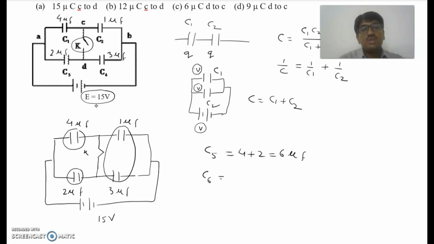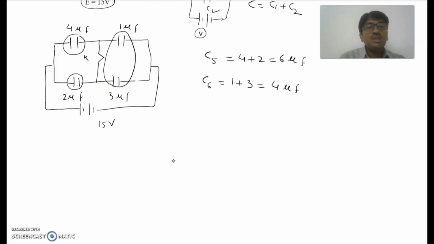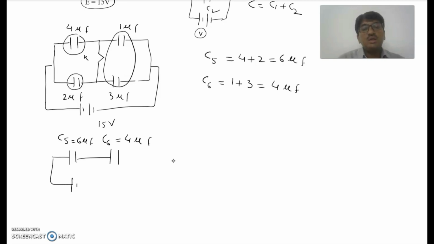Suppose this is C6, 1 plus 3, 4 microfarad. Now the circuit becomes C5, 6 microfarad, and C6, 4 microfarad, and these two capacitors are connected with a battery of 15 volt.